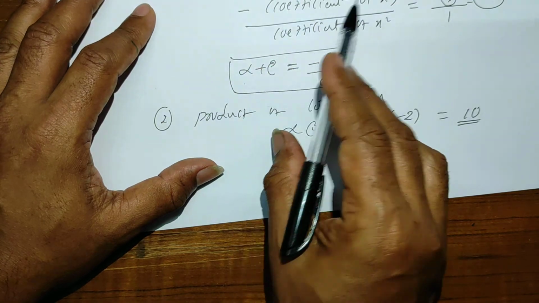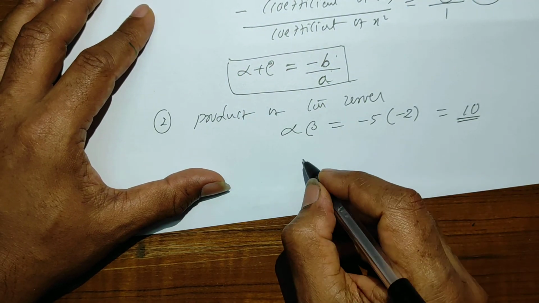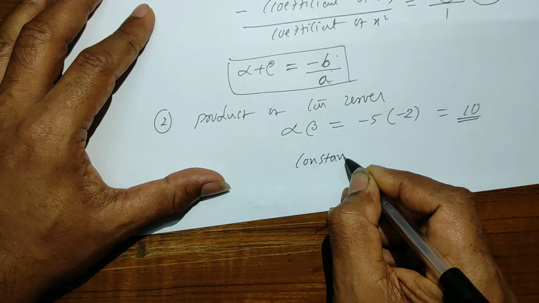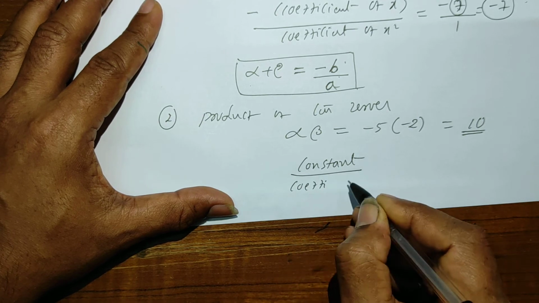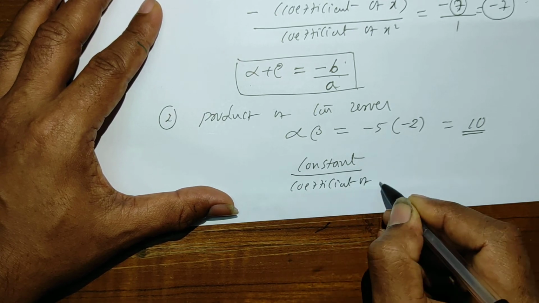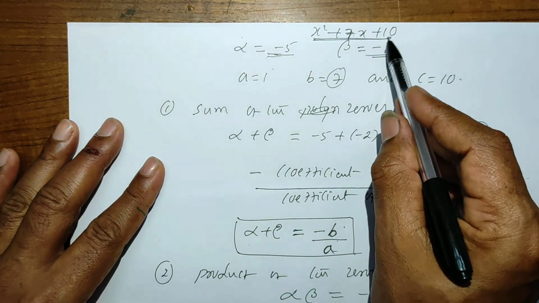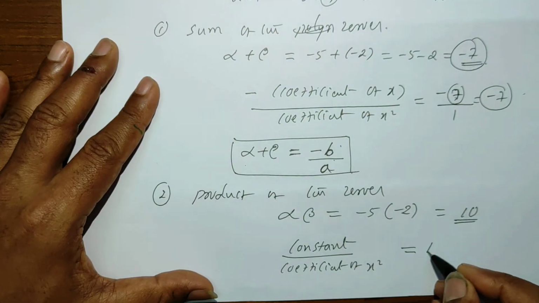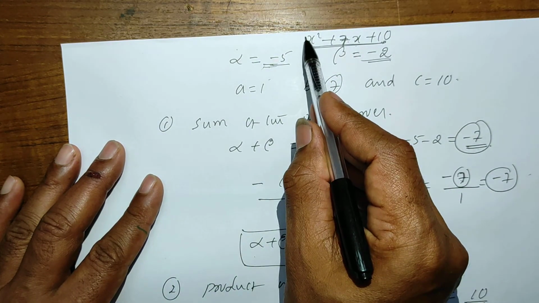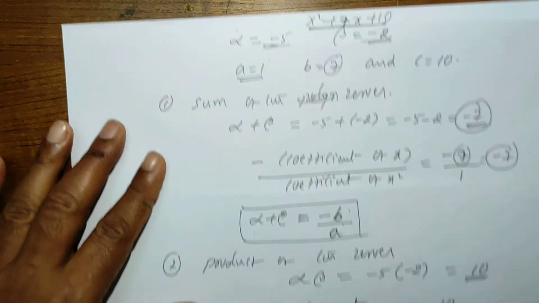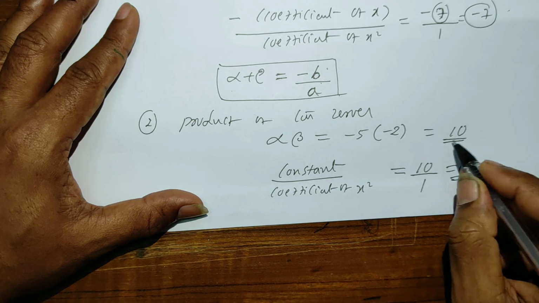Now I will consider another relation, that is constant by coefficient of x square. Here constant is 10 by coefficient of x square. Coefficient of x square, that is a, is 1. So 10 by 1 is equal to 10.